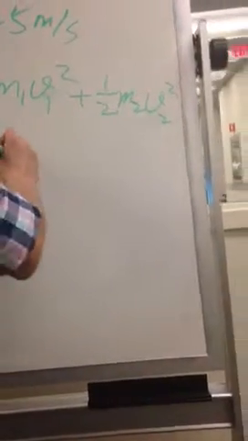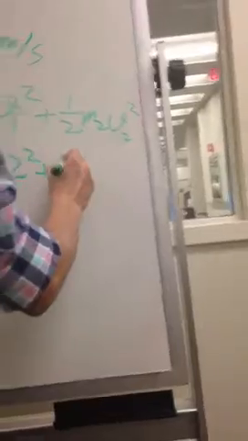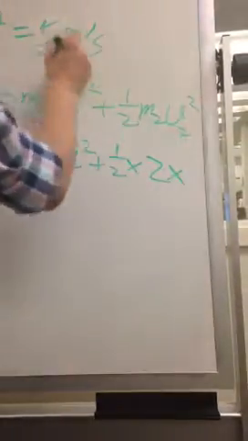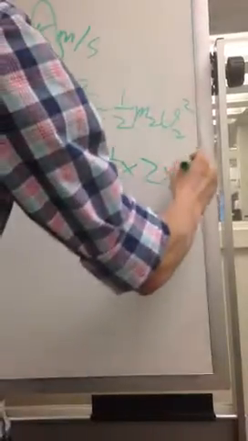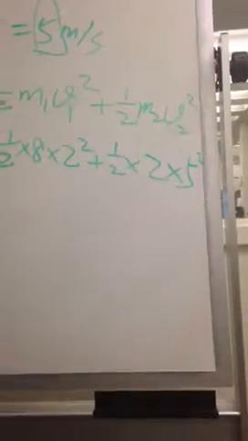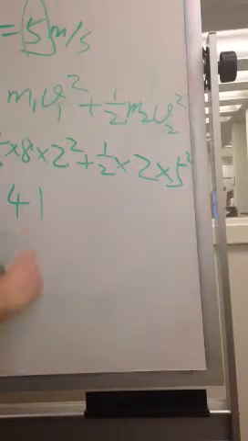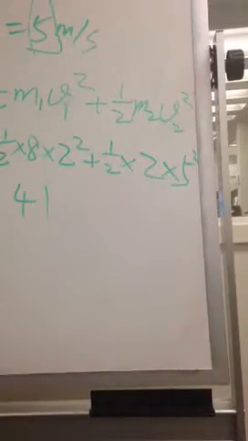The first one is 8 kilogram, and the velocity is 2. And the second one is 2 kilogram, and the velocity we just got is 5. If you calculate, you get 41. That's the answer. Okay, you got this one?